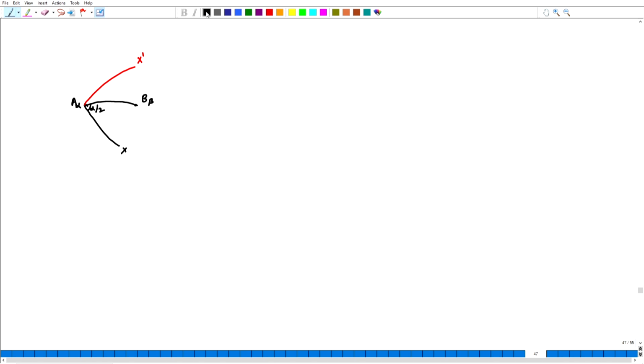Now, I do a similar construction at the pole B. I draw another great circle at point B, which is at an angle of beta by 2 with respect to the great circle AB, and let us call that great circle B y, and this angle out here is beta by 2. And now, I give a rotation about the B axis by an angle of beta to bring the great circle B y to a new position B y prime.